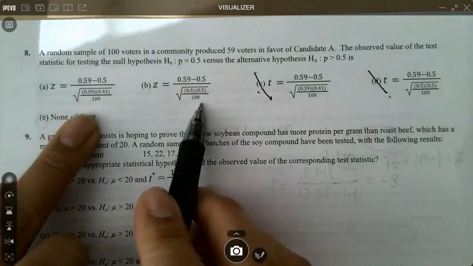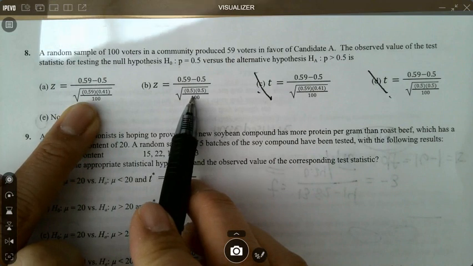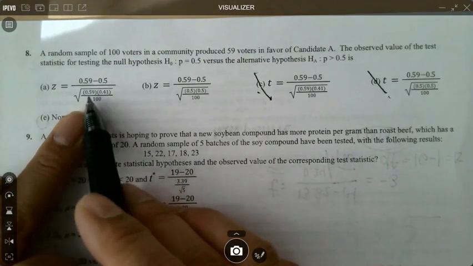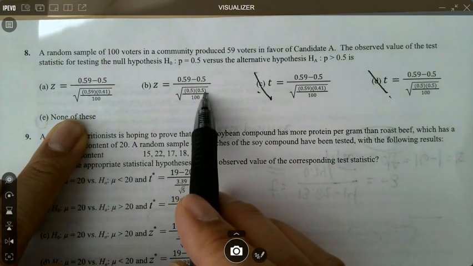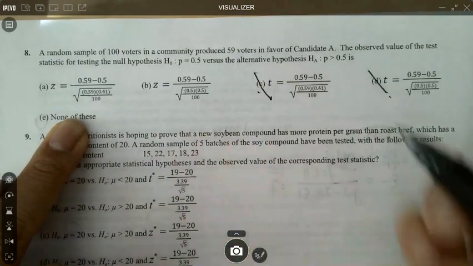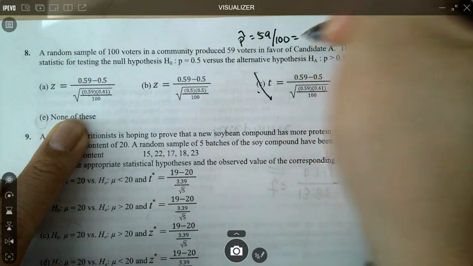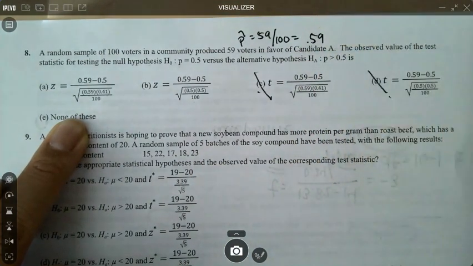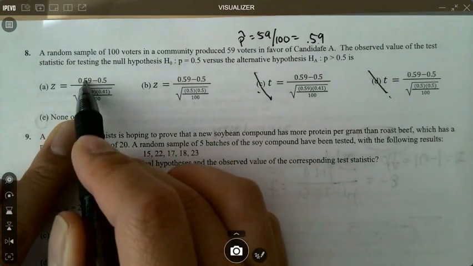So now we need to figure out which one it is. So if we look at this, the only difference between the two is what's in the denominator here. So this one is 0.59 times 0.41, and this is 0.5 times 0.5. Well, remember the only place where you use p hat, so p hat in this case is going to be 59 divided by 100. That's proportion in the sample. That's going to be 0.59. The only place where you use p hat is in this place here.